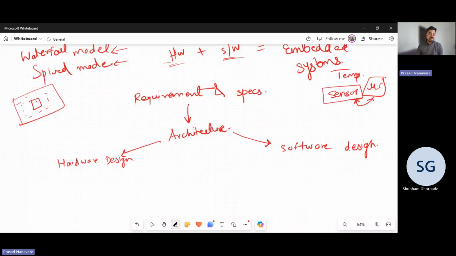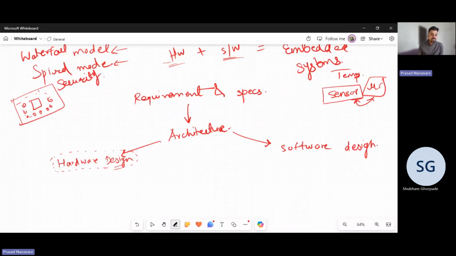You might have an enclosure box for this system, every aspect of hardware will be taken care of. Now again, in hardware design, there will be a huge number of steps that are followed: selection criteria of each and every component on this board, then the security point of view, the tampering point of view, everything should be thought of in the hardware design.